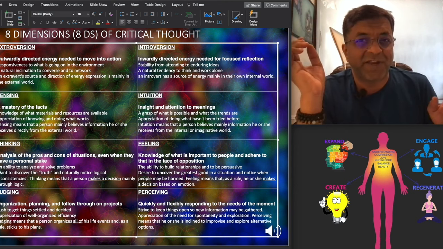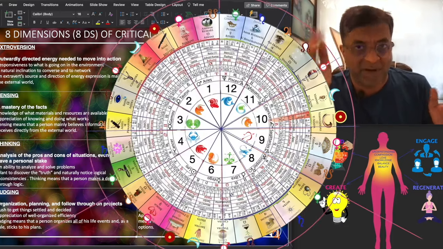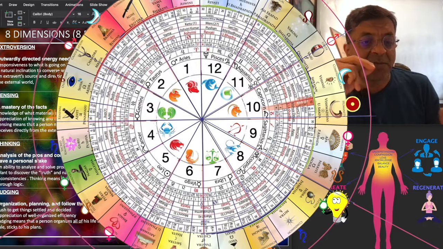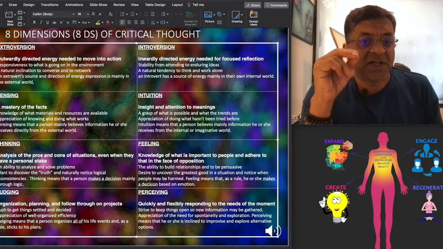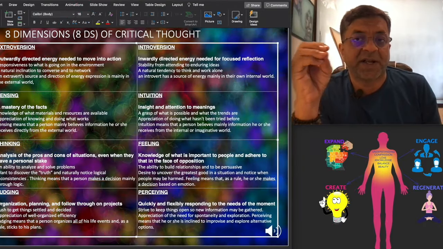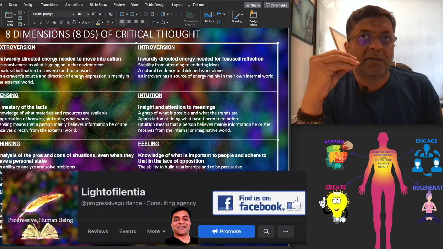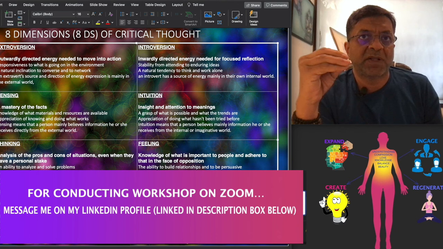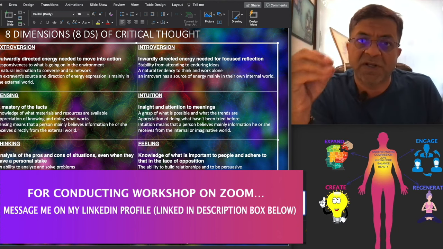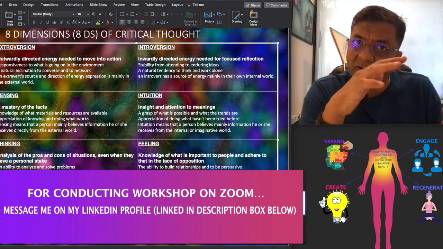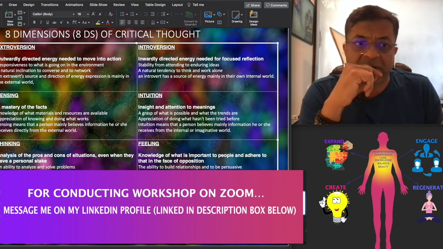Right there you can see a very Capricornian kind of energy, very practical, grounded. Aquarius, Capricorn. Sensing means that a person mainly believes information he or she receives directly from the external world. So they have talents more in the area of what works, what doesn't work, how to implement in the real world, in practical grounded terms, that kind of thing.